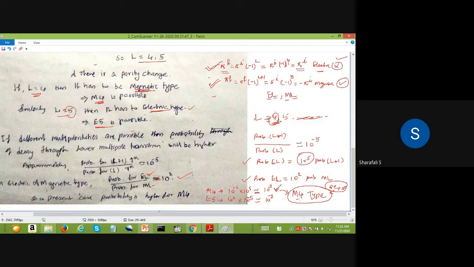That is through an M4 type transition, which means it will be through a magnetic transition with order of 4. So that's how we calculate the gamma radiation, its properties, whether it is coming from electric or magnetic, or the order of that transition. All those things we can calculate from these equations. Okay, hope.